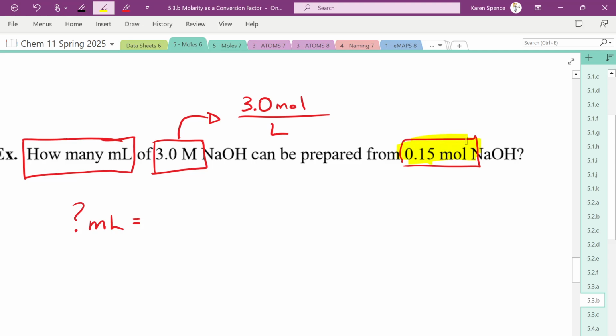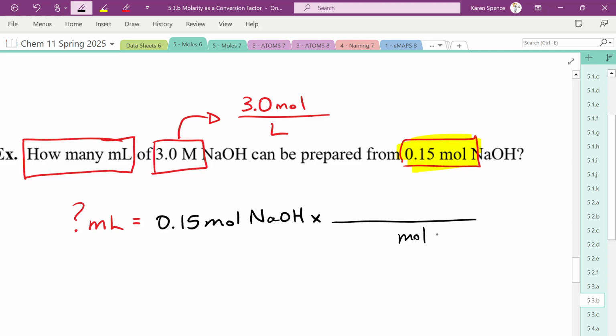So we're going to start with 0.15 moles of NaOH. And you're going to cancel moles of NaOH. And you're going to want to find, do we have a conversion factor for moles and milliliters? No, we don't. So we're going to have to go to liters first.